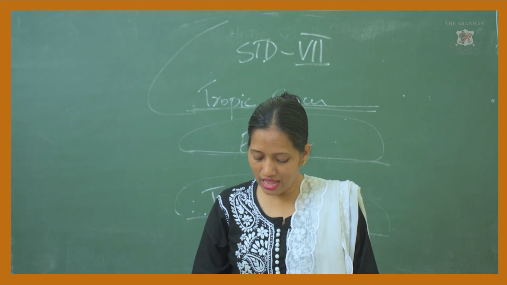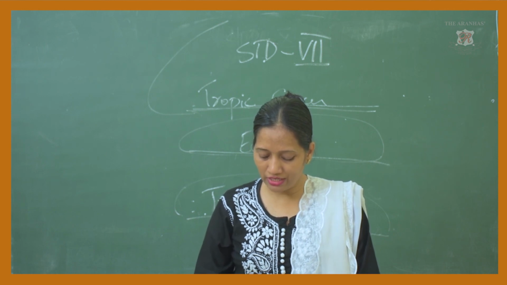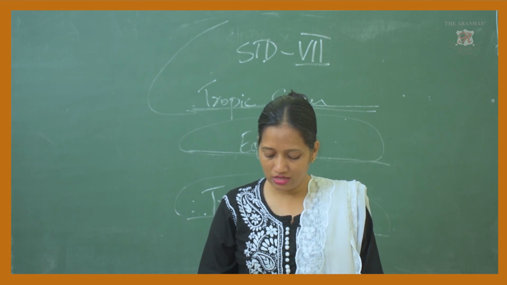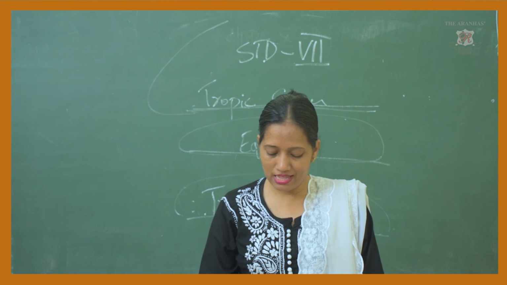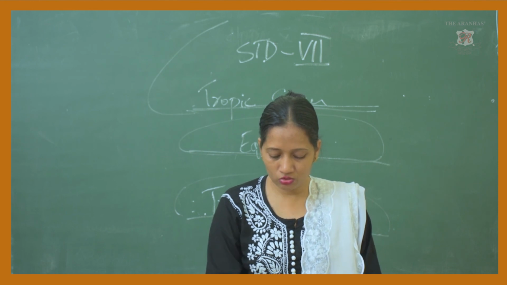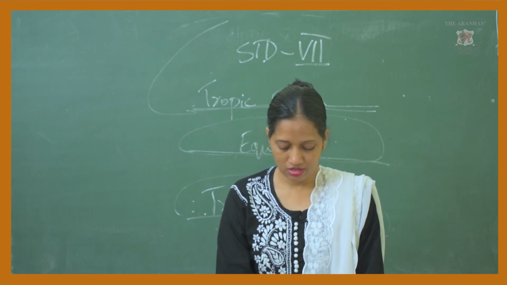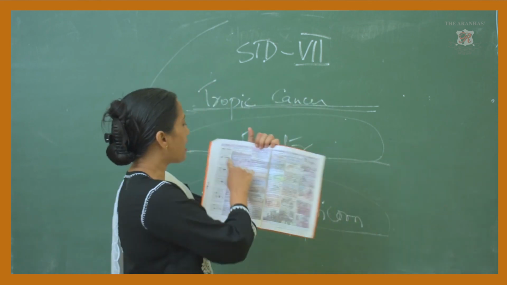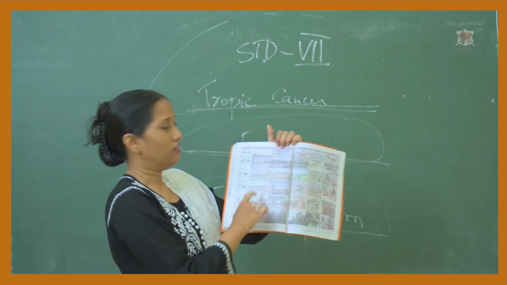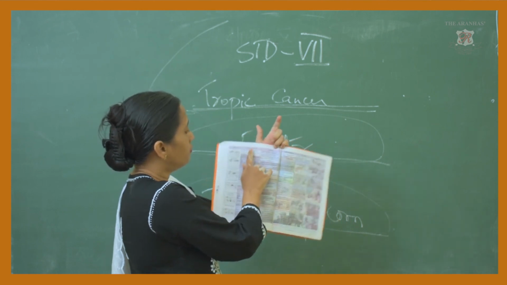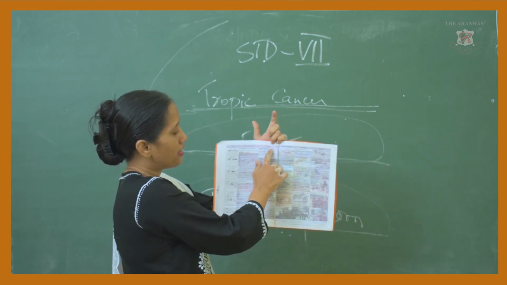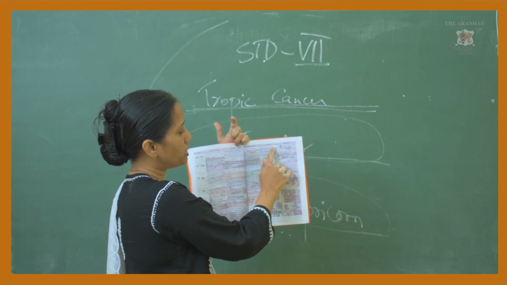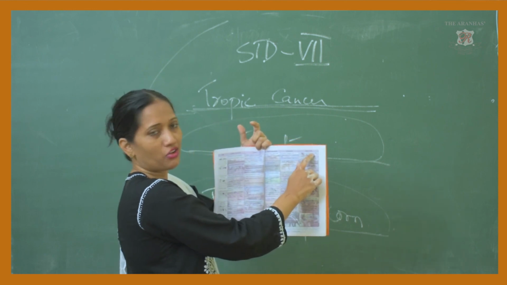The entire land on the earth can be divided into these natural regions. Let us try to understand their distribution with the help of maps and tables given in this lesson. So see, here on page number 32, they have given the region, location and extent, climate, natural vegetation, animal life and human life.